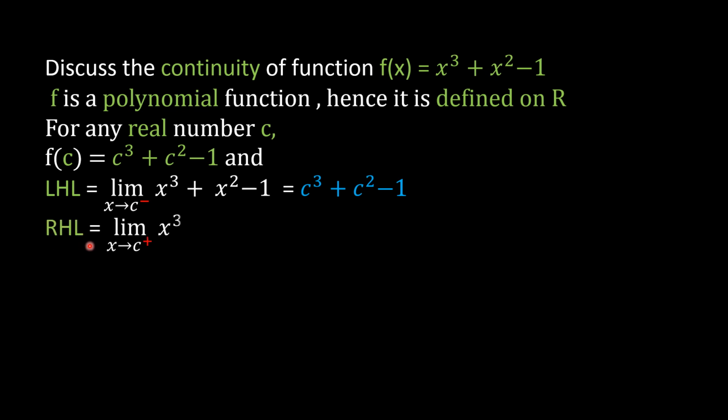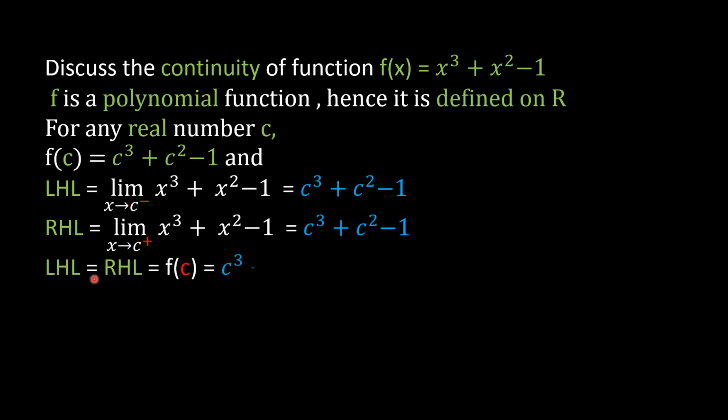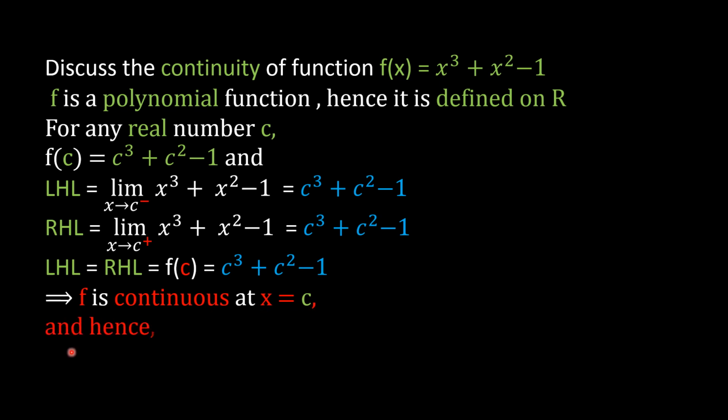Right-hand limit as x approaches c positive will be c cubed plus c squared minus 1. Left-hand limit equals right-hand limit equals f(c), which is c cubed plus c squared minus 1. See here, which implies that f is continuous at x equals c and hence continuous on the set of real numbers R.